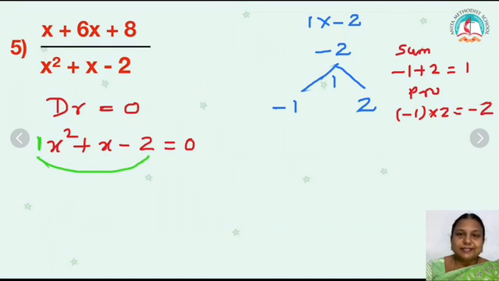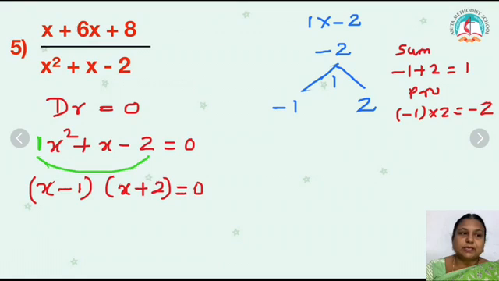Yes, x is our variable. So you have to substitute the variable there. So x minus 1 and x plus 2 are the two factors for x squared plus x minus 2 equal to 0. Now you have to equate it to 0.